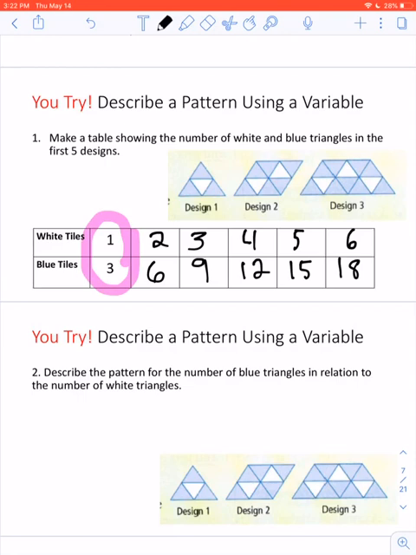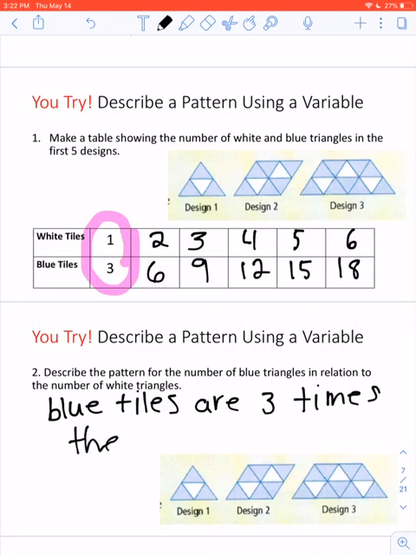So hopefully you discovered that the blue tiles are 3 times the white tiles. Let's make sure that works. 5 and 15, 5 times 3 is 15. 6 and 18, 6 times 3 is 18. So yes, that works. That's how we describe the pattern in words.